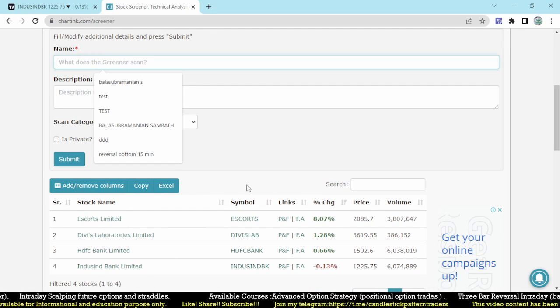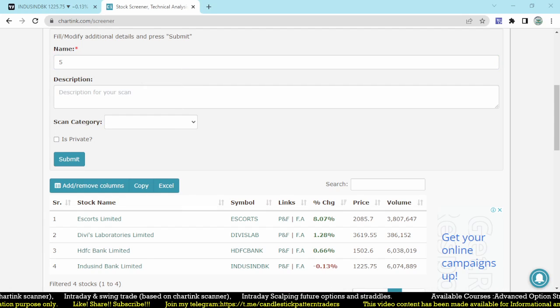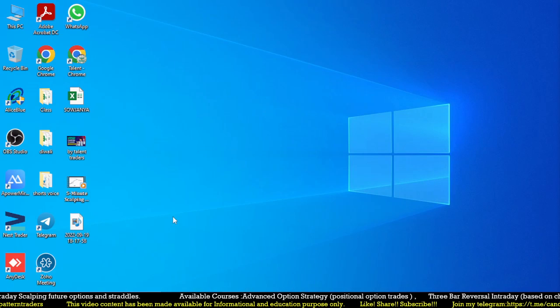Let me go for 5-minute scalping, right? So that video we are making is 5 minutes. Let me try it out, what name we can give for that scanner. 5-minute scan that actually works, right?